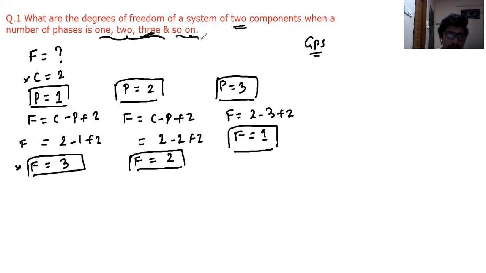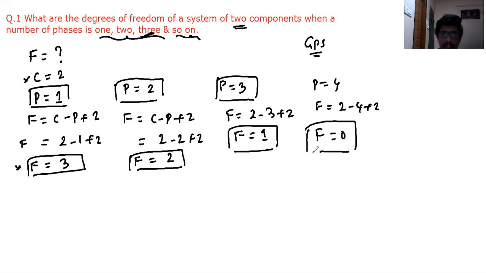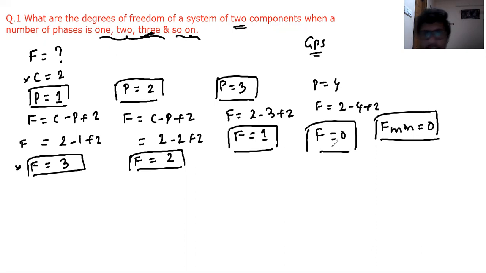Similarly, let us take the number of phases in equilibrium as 4. We get the degrees of freedom as 2 minus 4 plus 2, so F is equal to 0. The minimum value of degrees of freedom is 0, right? The degrees of freedom cannot be negative.